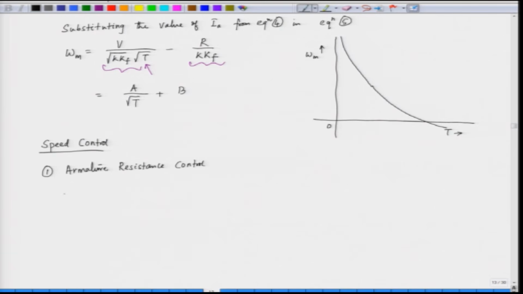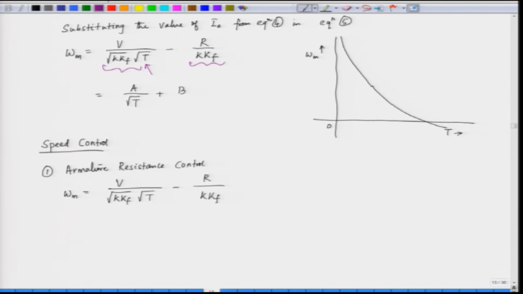Let us write down this equation once again. Omega m is equal to V by under root k kf under root T minus R by k kf.